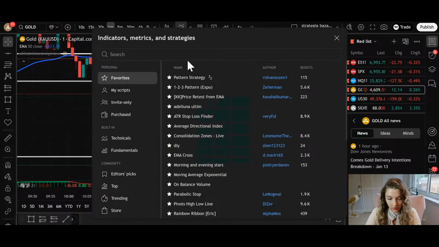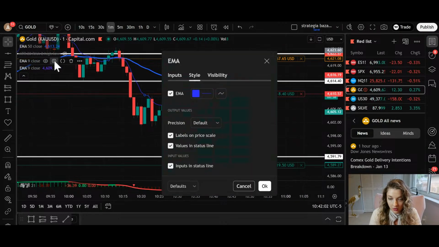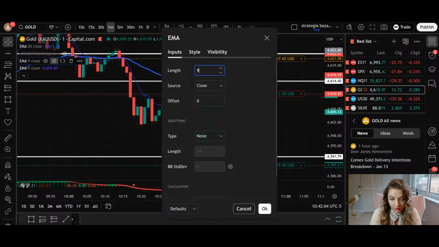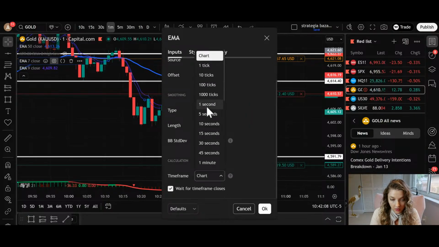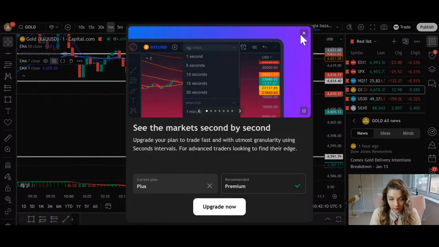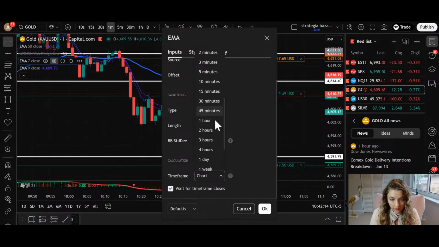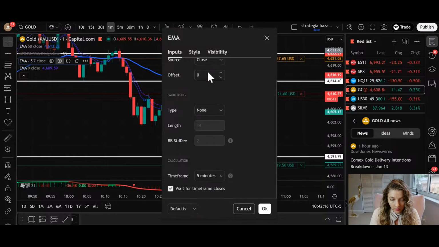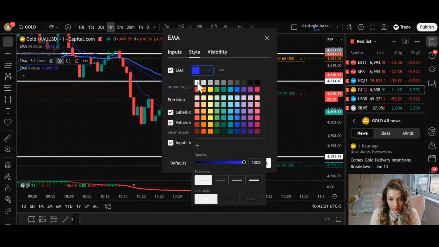Let me put EMA 1. So I'm gonna put 2 EMAs just for fun. I put the 7 on 5 minutes. Let's make it white so I see it.